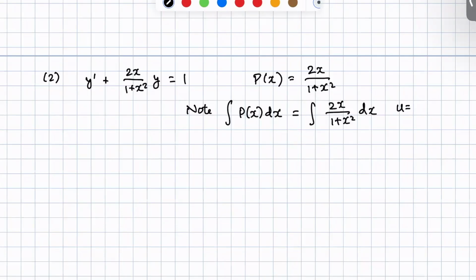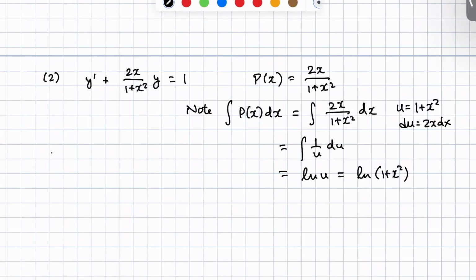And you can do a u substitution. U equals 1 plus x squared, du equals 2x dx. I arrive at 1 over u du, which is an ln of u. And ln of u is going to be ln of 1 plus x squared.